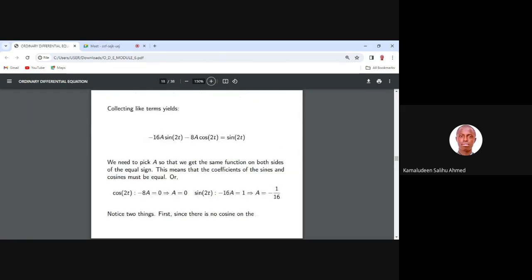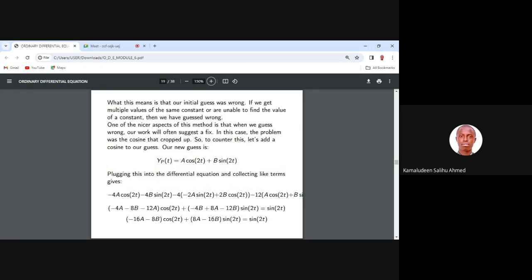So now let's see when we make another guess. Here we are guessing y p of t is equal to a cos 2t, now adding plus b sine 2t. You do the same thing. So you differentiate it how many times? Twice, just like you did for the other one.